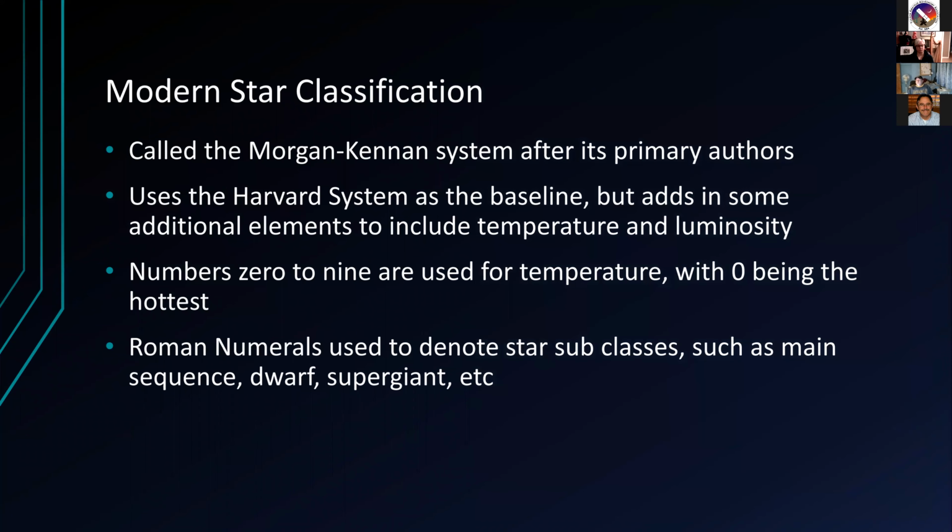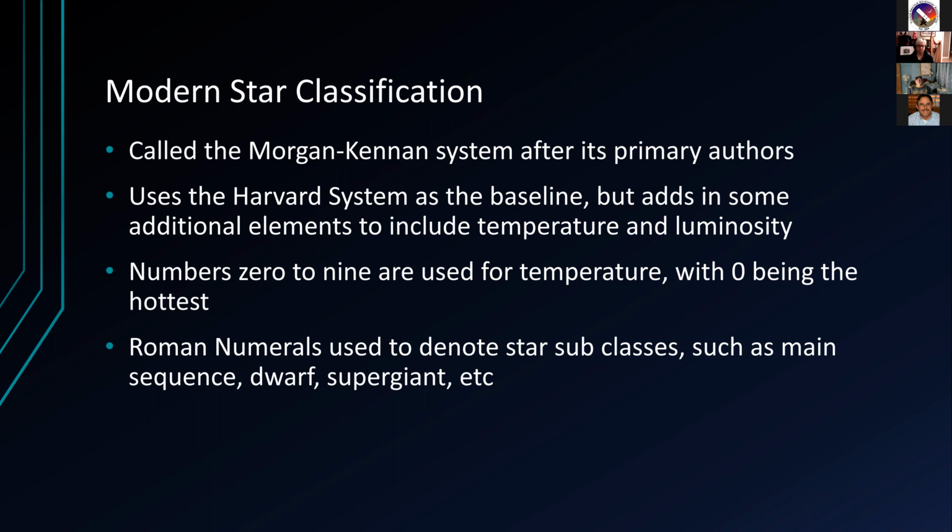The modern system today continues with the Harvard system from Annie Jump Cannon and augments a few things with it. It adds in the Roman numerals and some additional numbering onto the letter classes O, B, A, F, G, K, M, and N to help communicate at a glance not only what the star's color is, but also its temperature and its specific subtype.